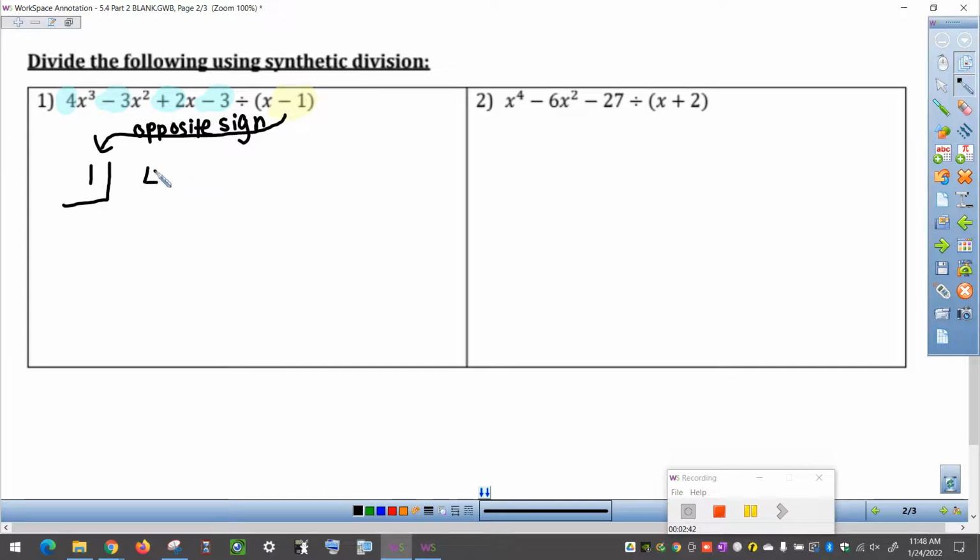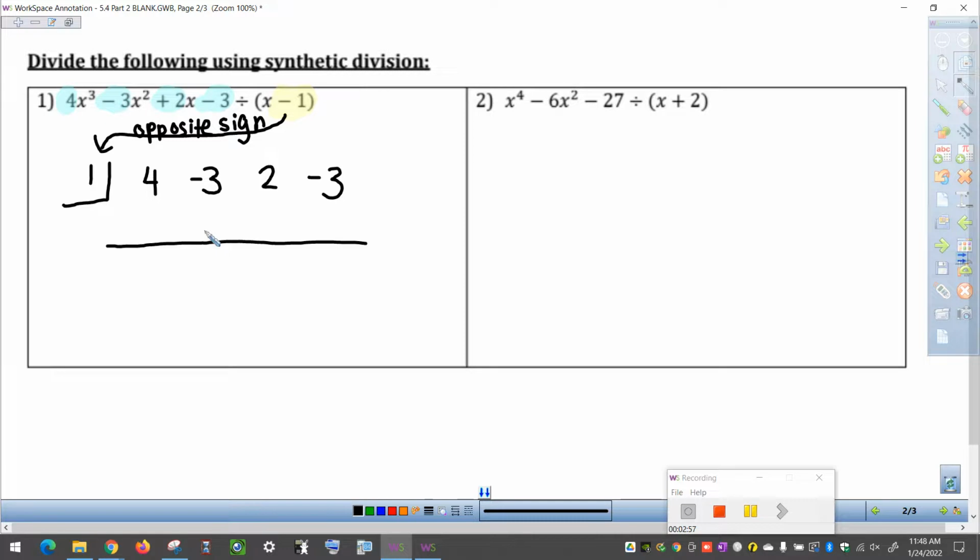So we are going to put positive 4, leave a little bit of space, and then negative 3, leave a little bit of space, positive 2, and negative 3. Those were just the coefficients of our original polynomial. Then we're going to leave a little bit of space below those numbers, and draw a horizontal line at the bottom.